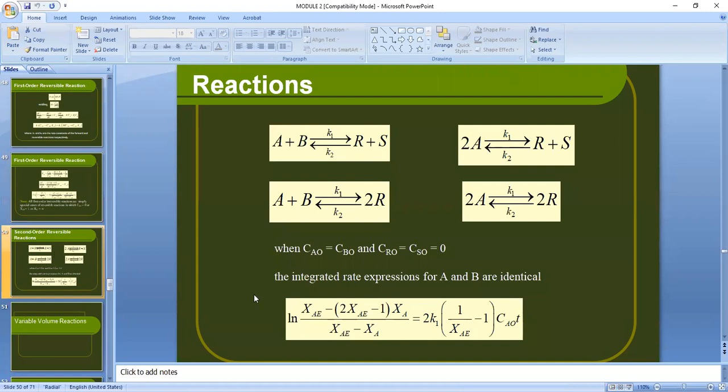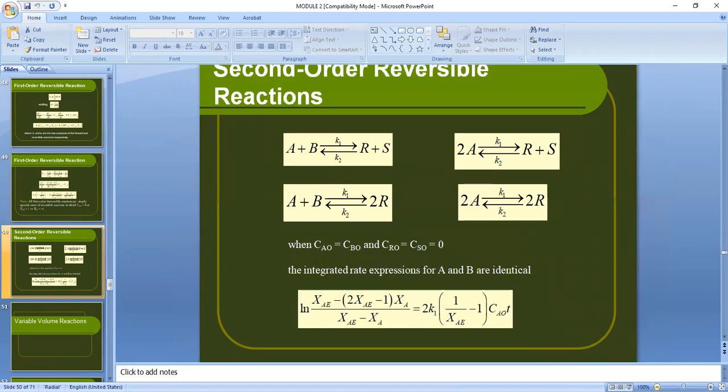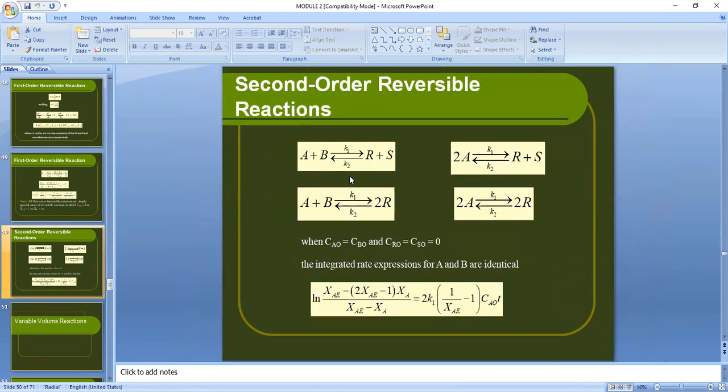Okay, last on reversible reactions, the second order reversible reaction. So it could be in this form, it could be in this form. These have the same left side, the product side, the two different representations here, and this also. So one species, two moles for each species, and you have this as the product side.